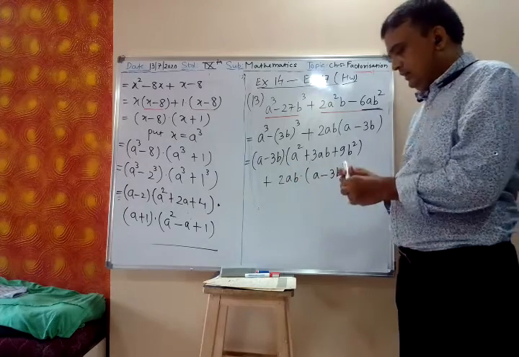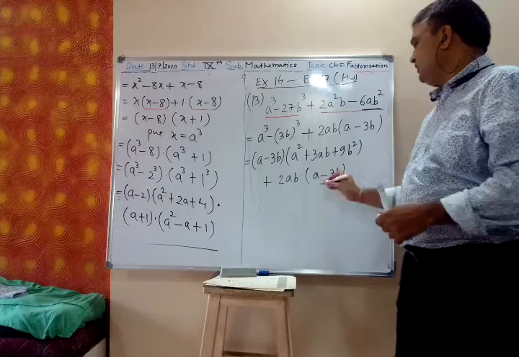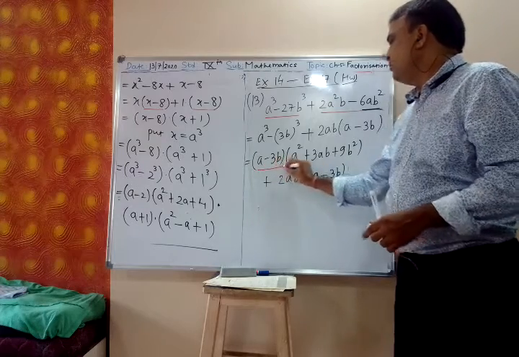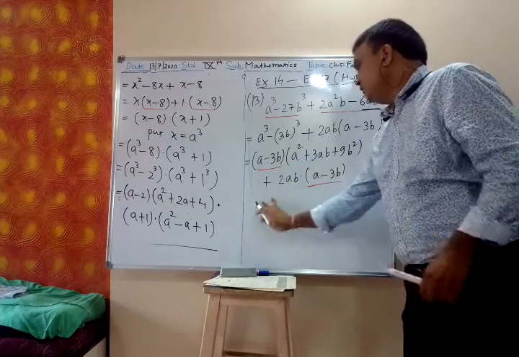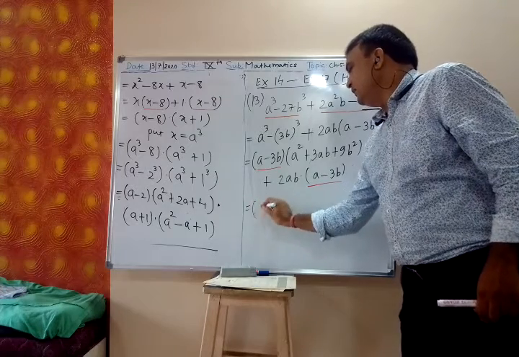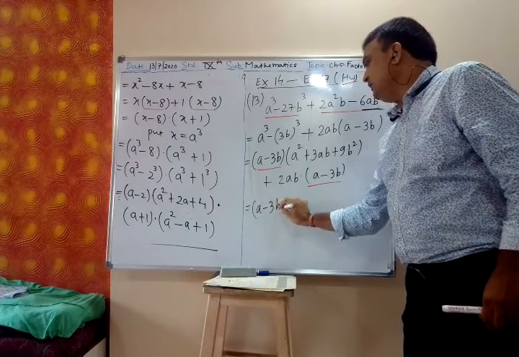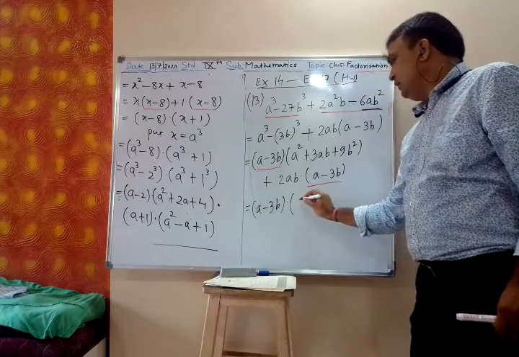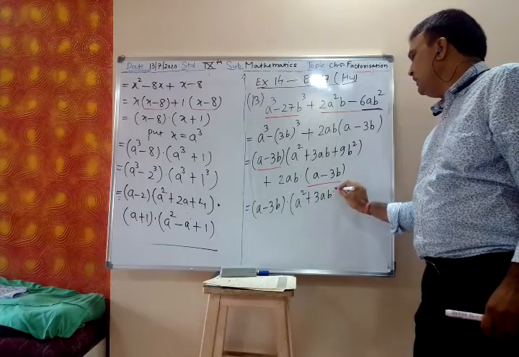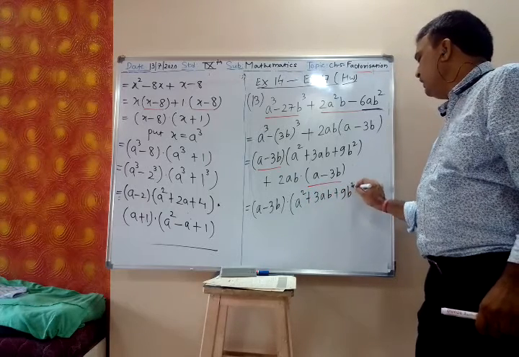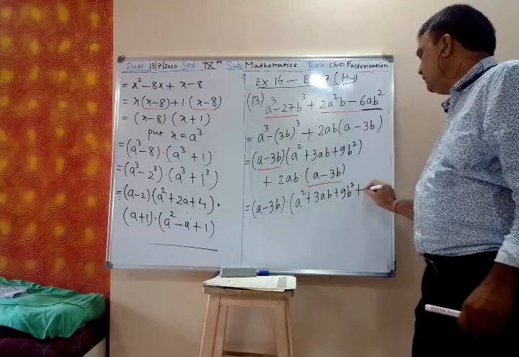Now a minus 3b is common in these two. So a minus 3b I can take common. So this is a minus 3b into a square plus 3ab plus 9b square plus 2ab.